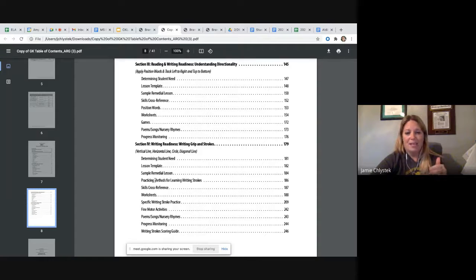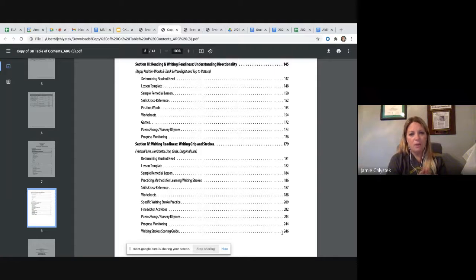I have some practice, either through worksheets or specific guided practice, different activities, and different ways that I can progress monitor. So when we say it's comprehensive, it means that from page 179 through page 246, it's all just about writing strokes that directly connect back to the skills Unit 1 instruction that's happening there.